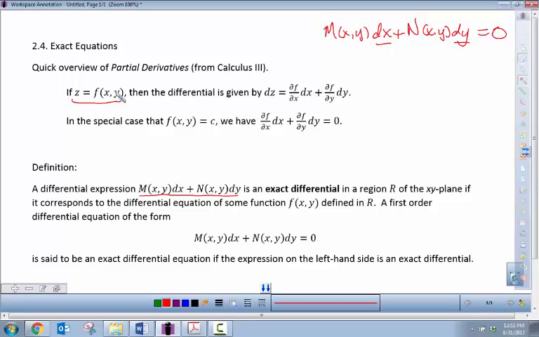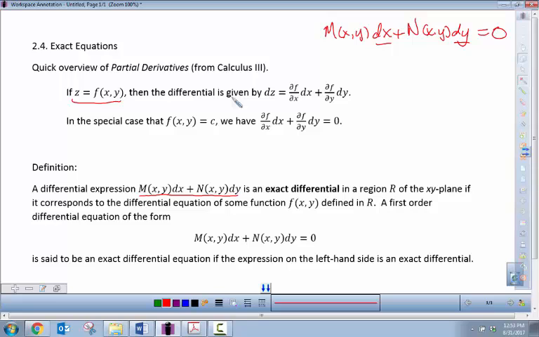And the formal definition of a differential is that you would take the derivative with respect to x and multiply that times dx, and then take the derivative with respect to y, multiply it by dy, and then add them both together. So this is the formal definition of a differential, which again is just some theoretical background that you don't really need to know for what we're about to do.